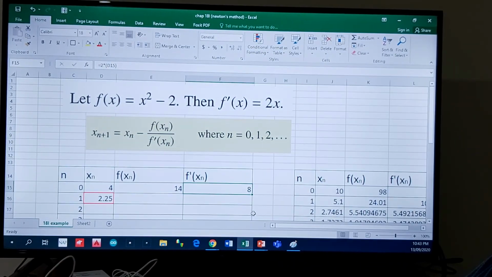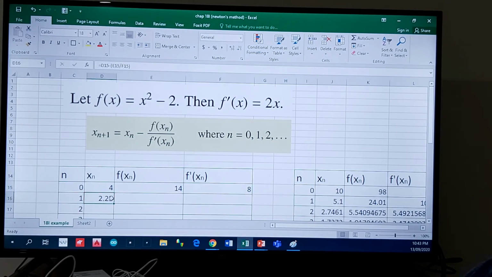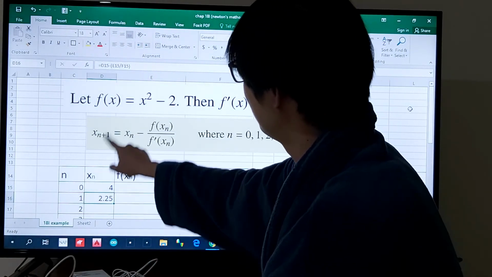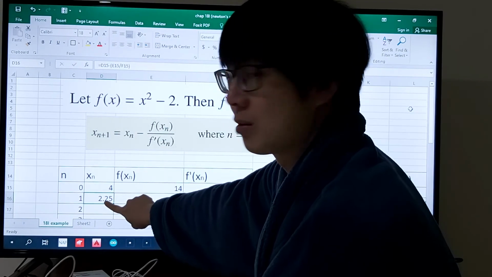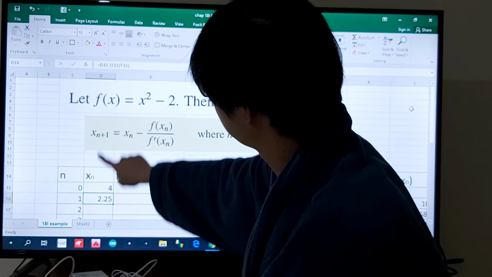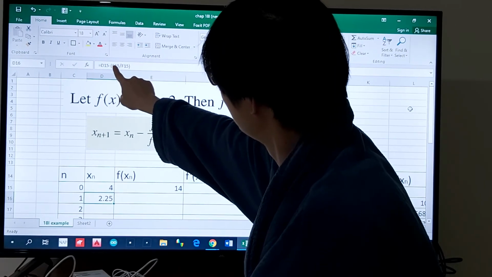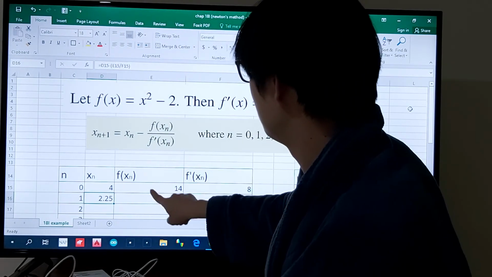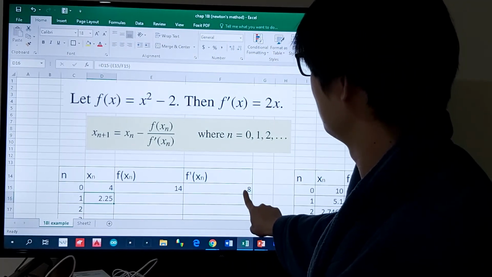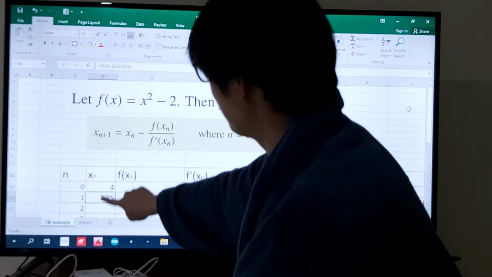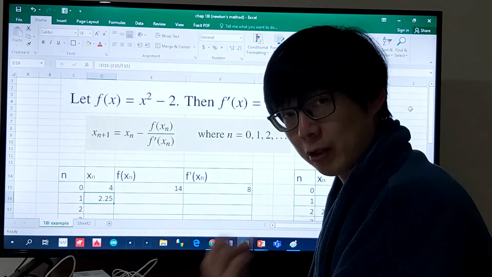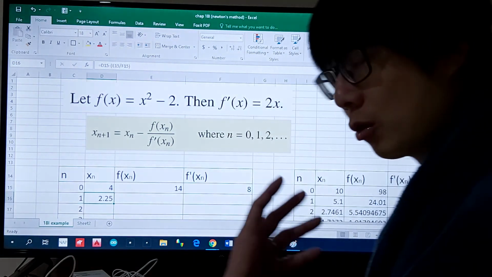Therefore, you have to key in this formula into this box over here: D15, which is this number, minus E15, which is this number, divided by F15, this number. Then you press enter, you get 2.25. So 2.25 is one step closer to your actual answer, but it's not good enough.